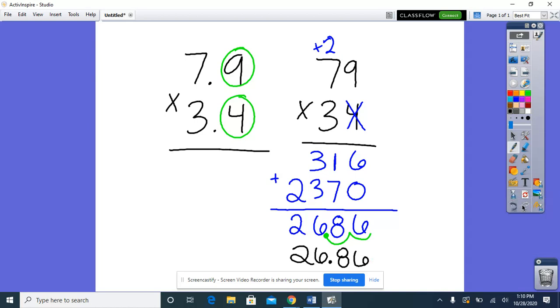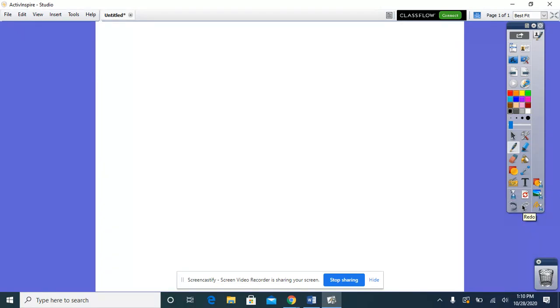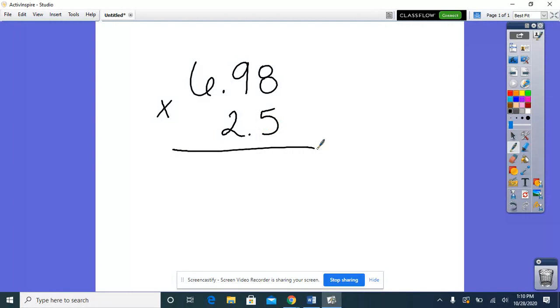Okay, let's go over another one. Let's do 6 and 98 hundredths times 2 and 5 tenths. Okay, so I'm going to take my decimal out. I'm going to rewrite it over here.